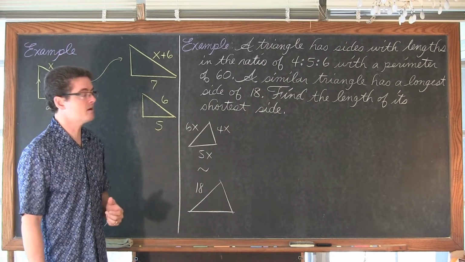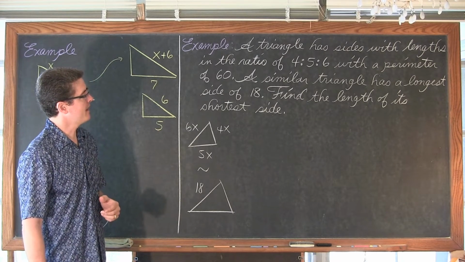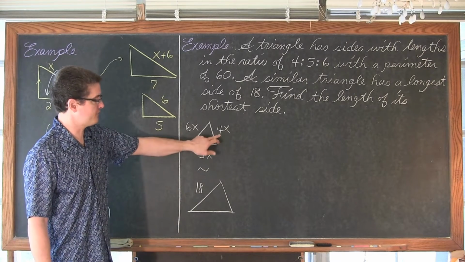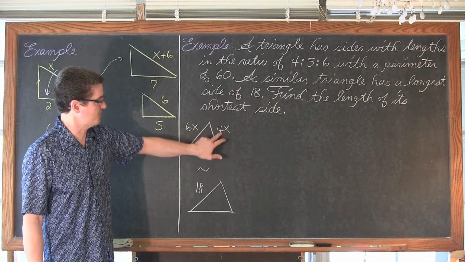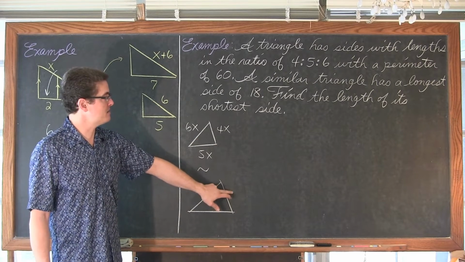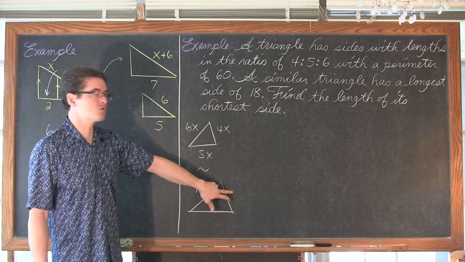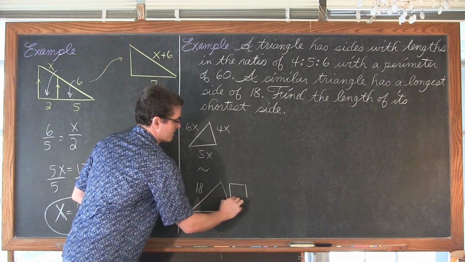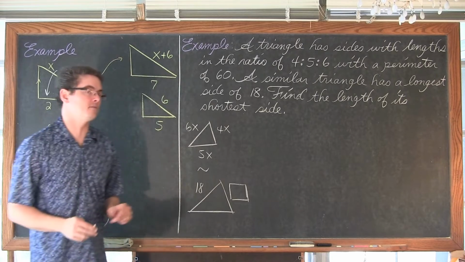So this other second triangle has a longest length of 18, and we want to find the length of its shortest side. Now we have 6x, 5x, and 4x, so this is going to be the shortest side. Corresponding to that is going to be this other triangle whose shortest side is what we're going to be trying to find. So I'm going to just put an empty box there indicating that I want to know the length of that.